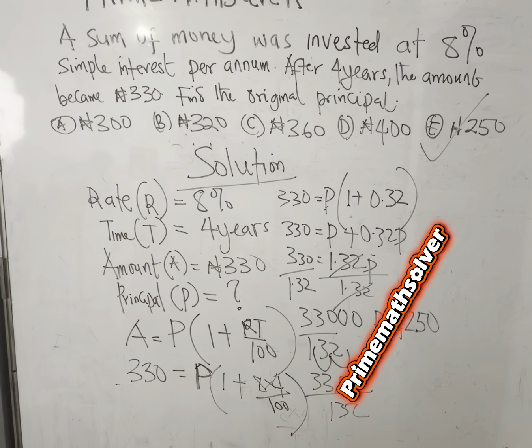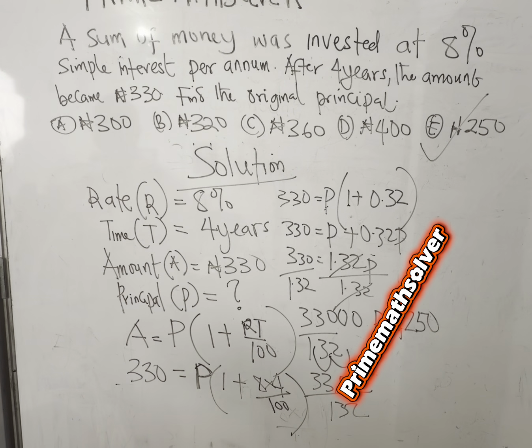Now, this is the step that a body like WAEC would require for you to solve this kind of question. Now, I'm going to teach you a very fast method if you encounter this in JAMB.